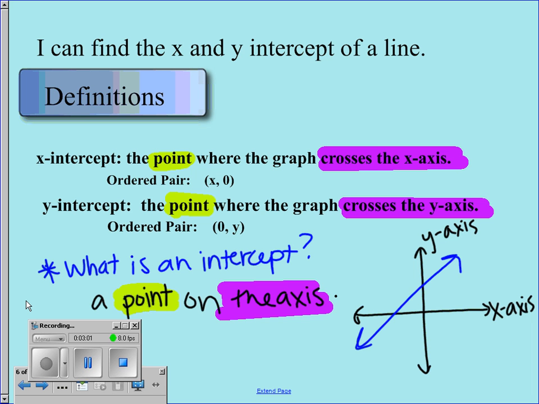You see one where it crosses the x-axis, and you see one where it crosses the y-axis. Those are the x and y intercepts. Now, you'll notice where it crosses the x-axis, y equals 0, and where it crosses the y-axis, x equals 0.